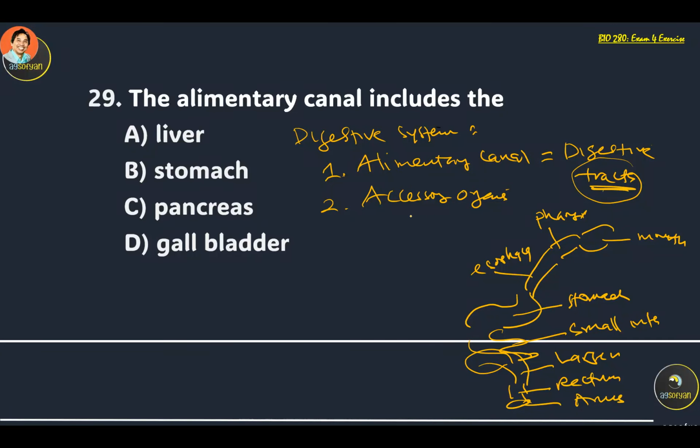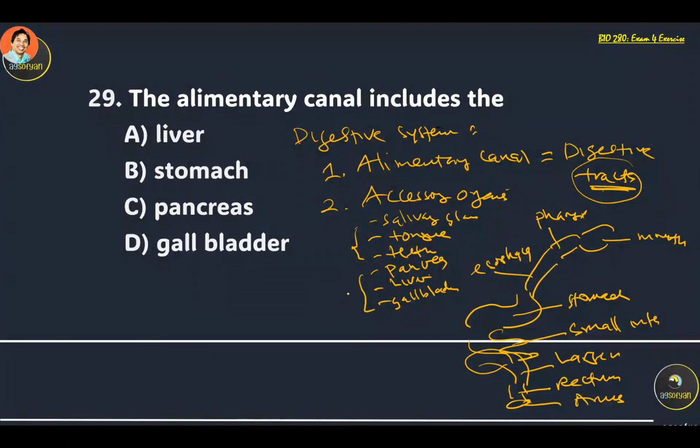The accessory organs include salivary glands in the mouth, tongue, and teeth. These are in the mouth. And in the abdomen, we have pancreas, liver, and gallbladder.